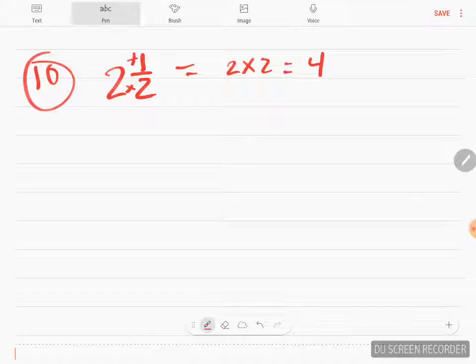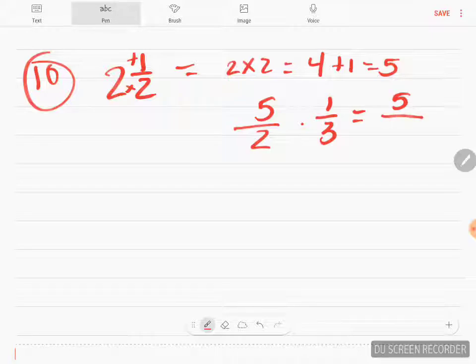So 2 times 2 is 4 plus 1 equals 5. We keep our denominator the same, so we have 5 halves. And it says multiply that by 1/3. So when I multiply that by 1/3, I have 5 times 1, which equals 5. 2 times 3, which equals 6. That's our answer right there.